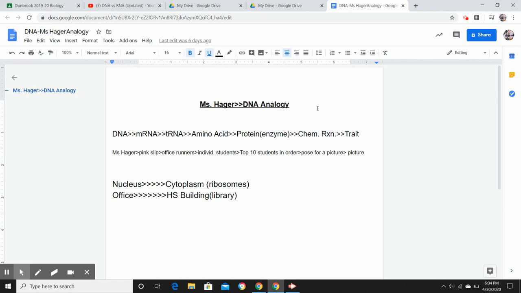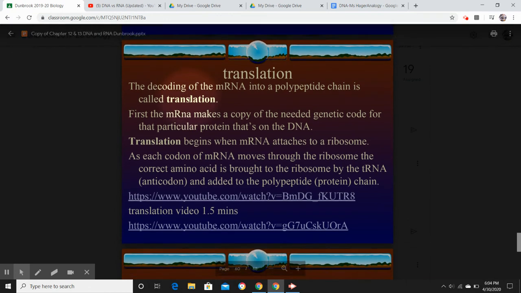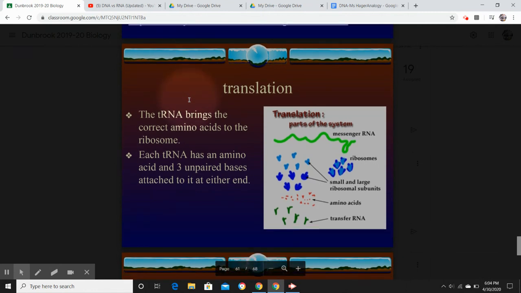Okay, that's what we just did. And these last couple slides, again, I'll let you read them on your own, but we already just talked about this stuff. This today was the process of translation, turning a code into a protein and getting a trait from that protein, getting a chemical reaction from that enzyme. Okay, I hope that helps.